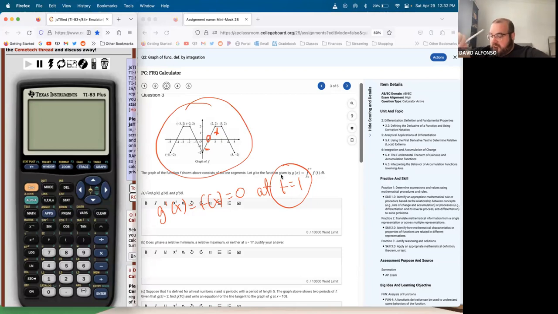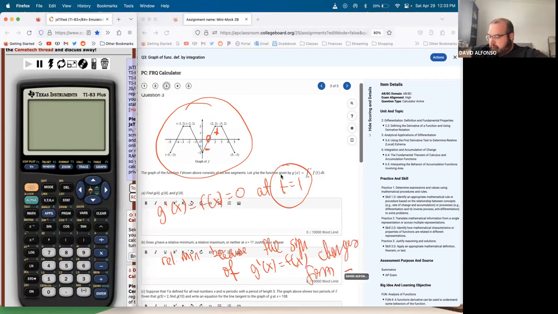So this one I think is just going to be 1 point for justifying your answer. So you'd say relative minimum because the sign of G prime changes from negative to positive.